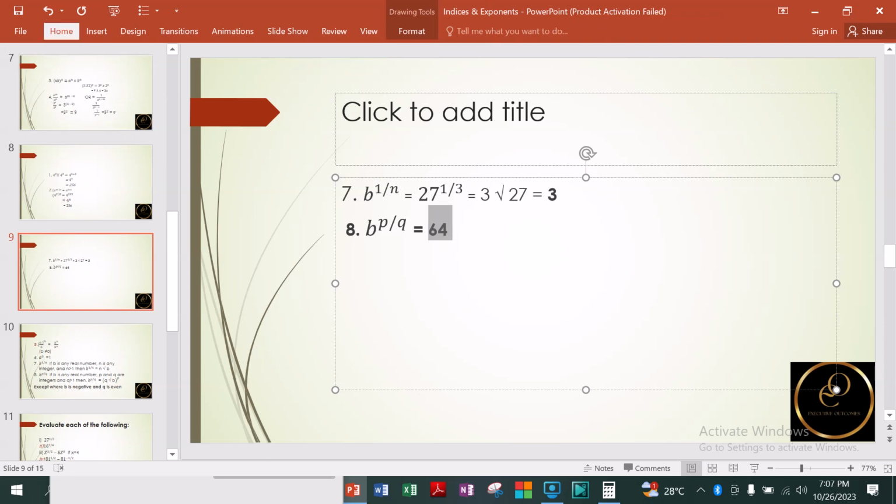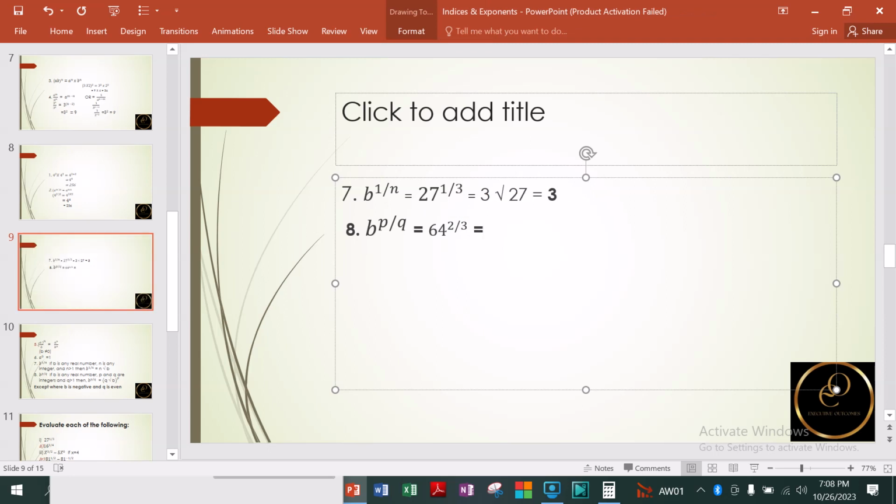Now let's suppose that what we have is 64 as a base, and then we have 2 over 3 here. Okay, so that's the form it has taken.